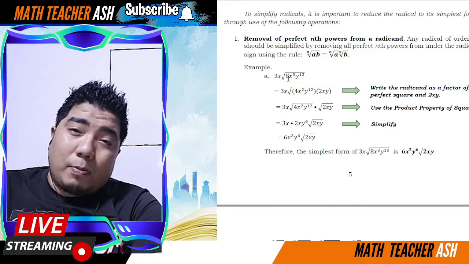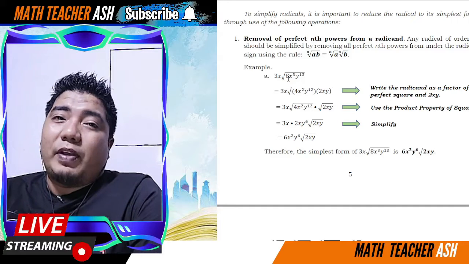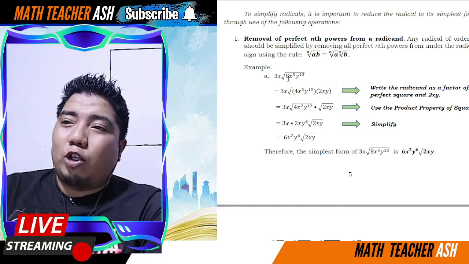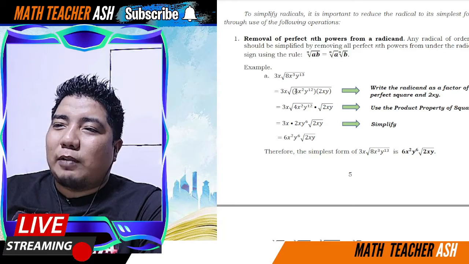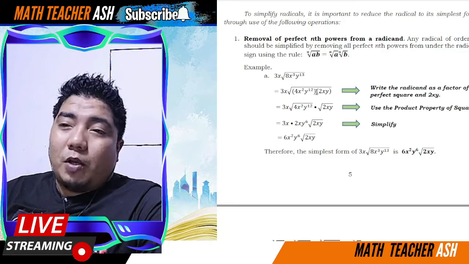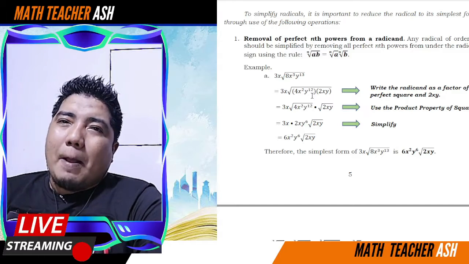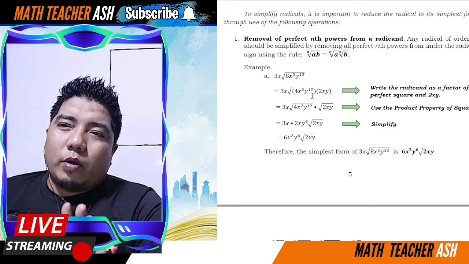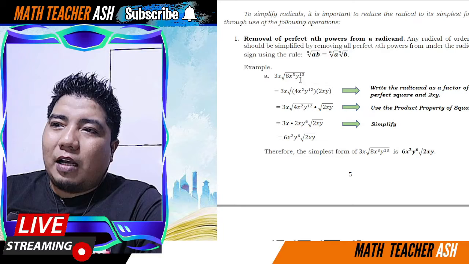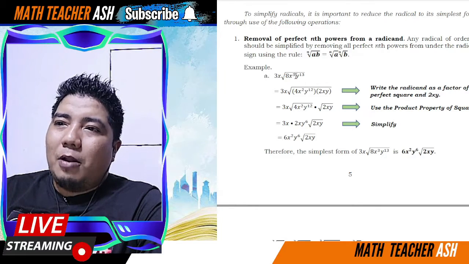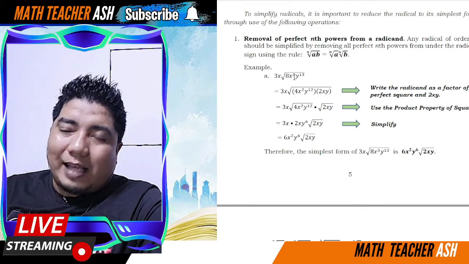So, ano bang factors ng 8 na yung isa is a perfect square? Of course, that is 4 and 2. So, pwede mo siyang biyakin as 4 and 2. Alright? Now, how about the variables? Now, in terms of the variable, make sure na yung exponent sa loob ng radical symbol ay mas maliit kaysa sa index.